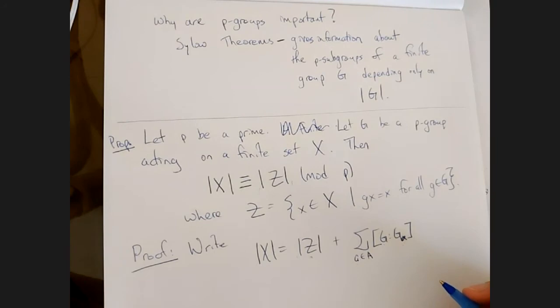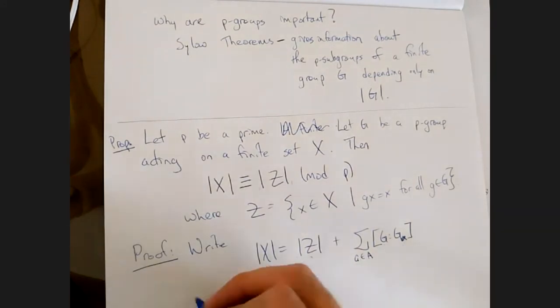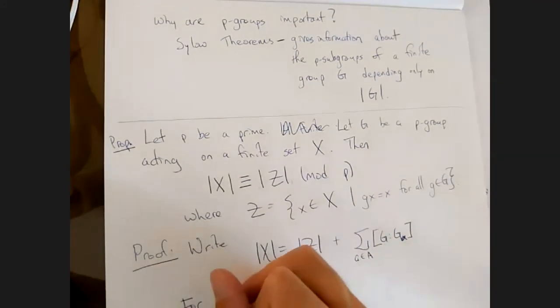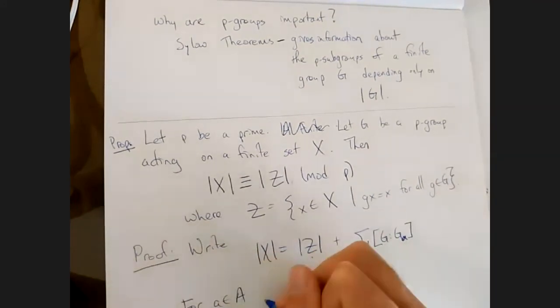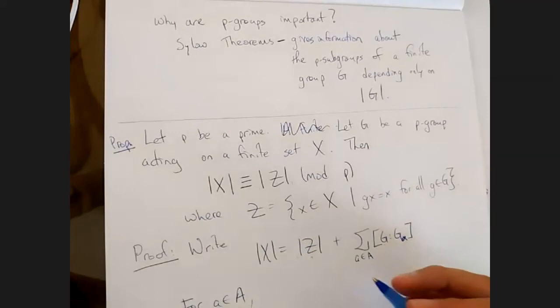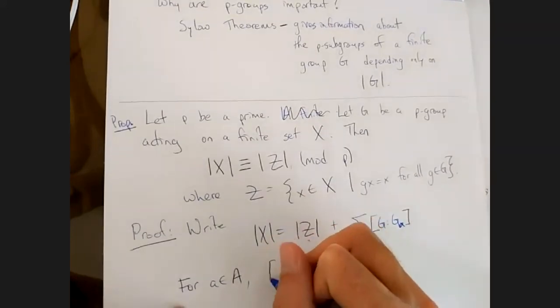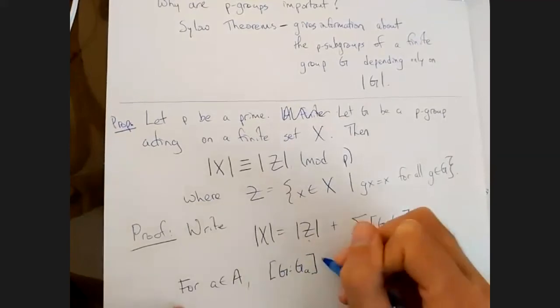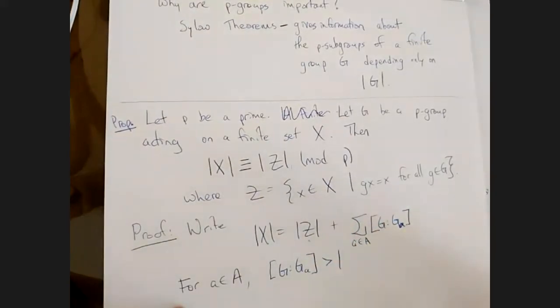Okay. So now we just notice that for A, the representatives of the non-trivial orbits, each non-trivial orbit has size bigger than 1.